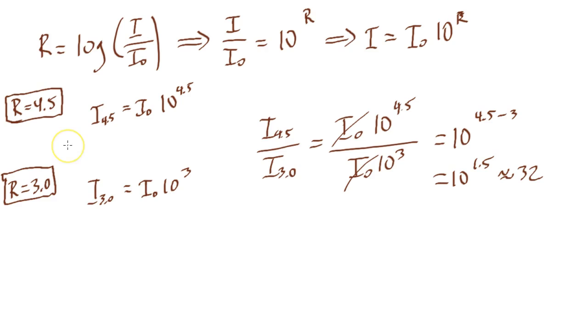So if, let's just say, I for 3.0 happened to be 2, then I for 4.5 would be 64 because it's 32 times bigger. That's what we get when we compare the ratio of the two intensities.